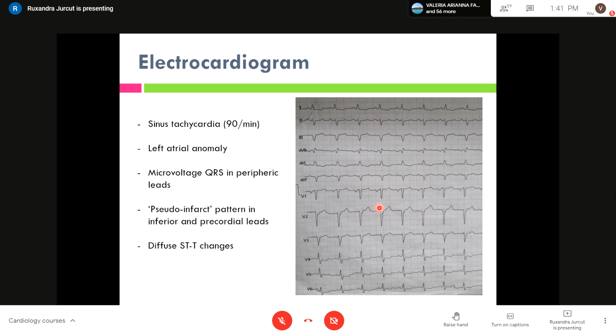Another very important feature of the disease are the arrhythmias, because as I was telling you, the main complication of this disease is arrhythmia and sudden cardiac death in the young. And actually this disease was very well described in North Italy, now for the Italians in the group here, in the Veneto area.